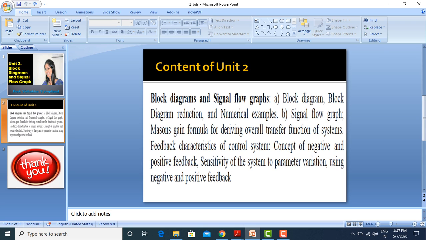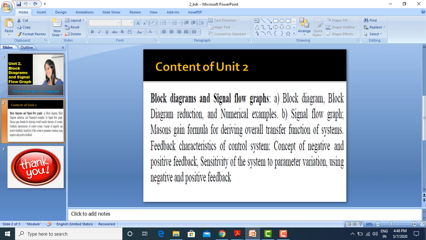Now what we have discussed in A point, we have discussed block diagram reduction, numerical examples of that. In B point, we have discussed signal flow graph, Mason's gain formula, signal flow graph SFG. Mason's gain formula, that is summation of Pi delta i upon delta, i varying from 1 to n.